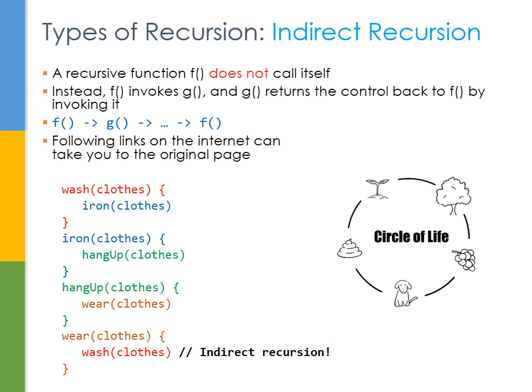So we can liken this then to the standard familiar circle of life, where we have a series of stages and they all then follow on from one another and create then a cycle. Now, this cycle would not end in the real world, but generally speaking, there would at some point then be a condition that would be triggered in the wash function over here, and this would then terminate the whole sequence of calls that are performed.